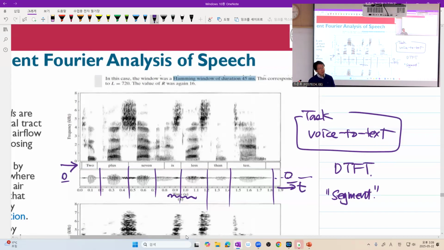So interestingly, when I was taking the speech signal processing course, the professor said, hey, we have found a good length for segmentation, something milliseconds. Use it. Got it?